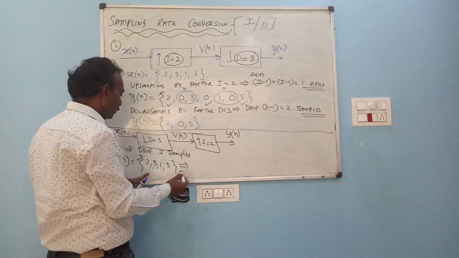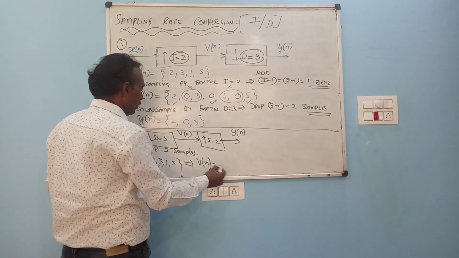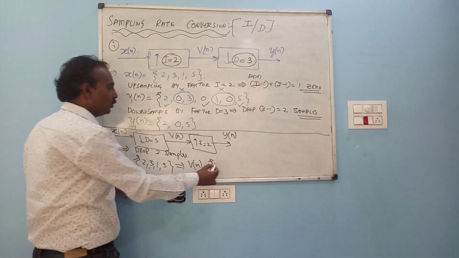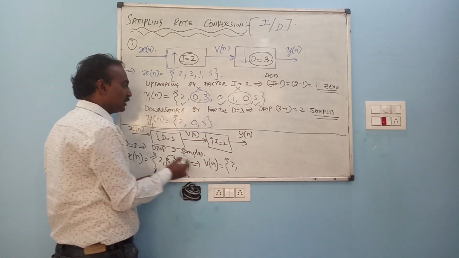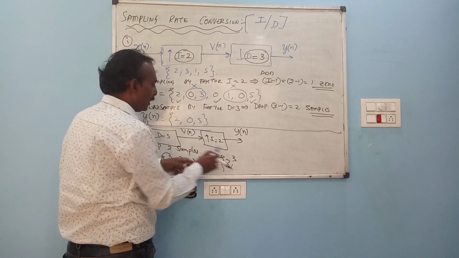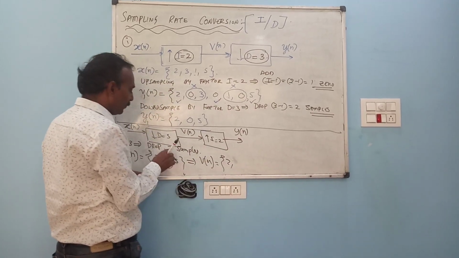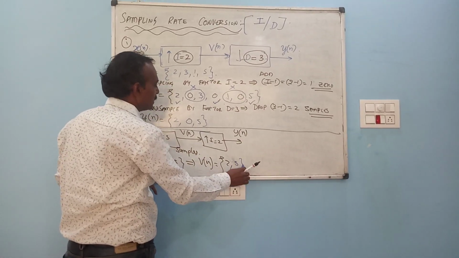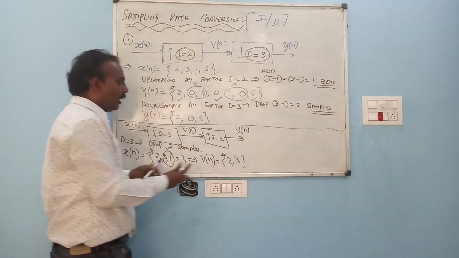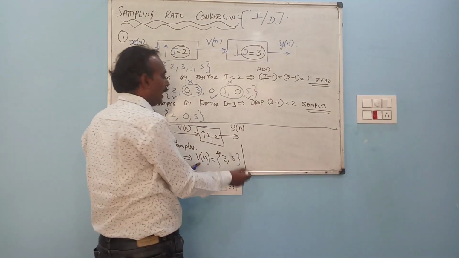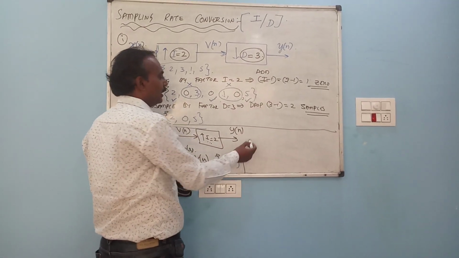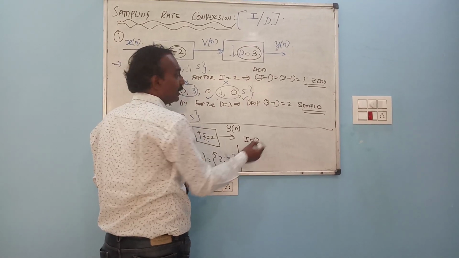After dropping 2 samples, for v of n, I take 2 as it is, and drop the next 2 samples, and then consider the next sample, giving 2, 5. Now after downsampling, I am upsampling by a factor 2.